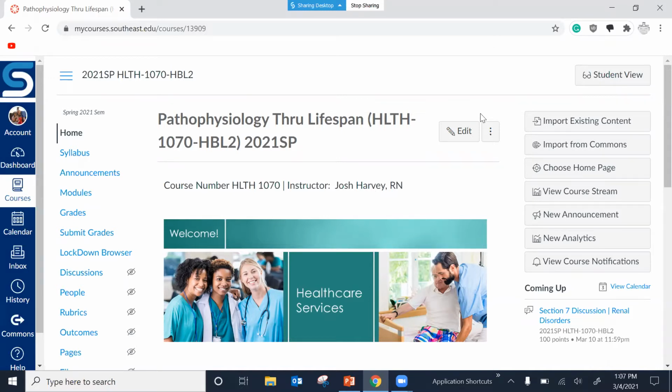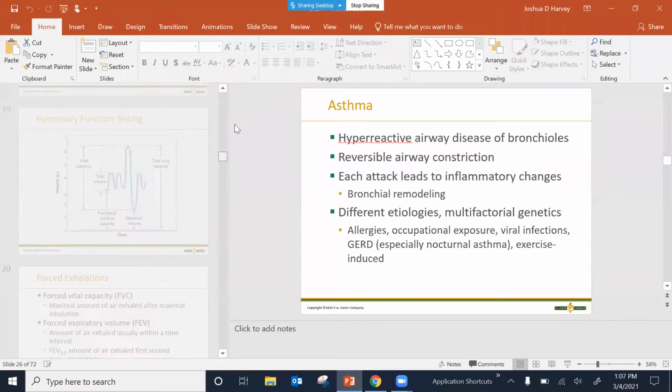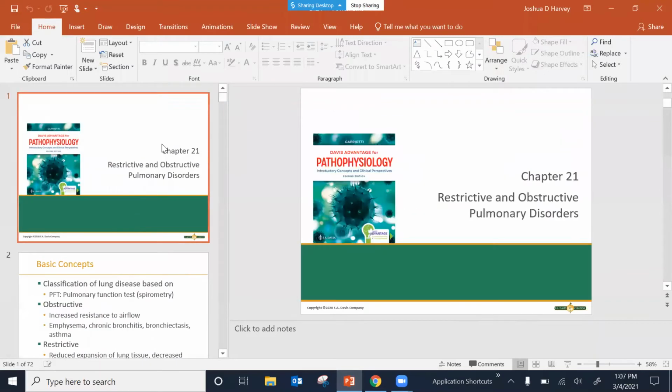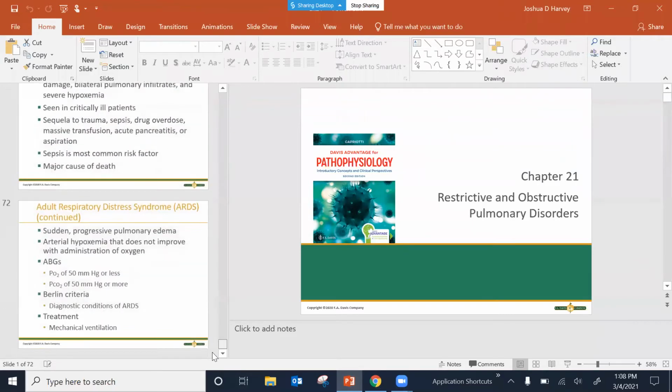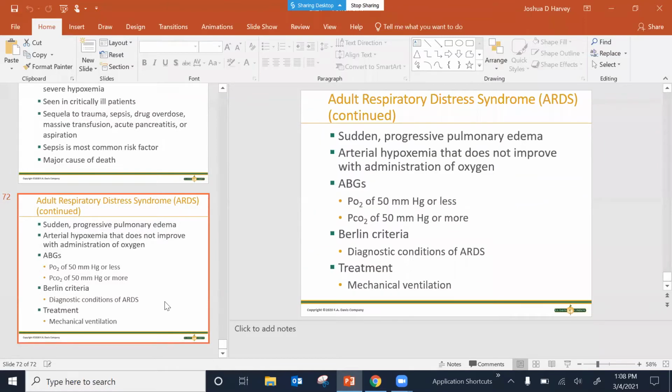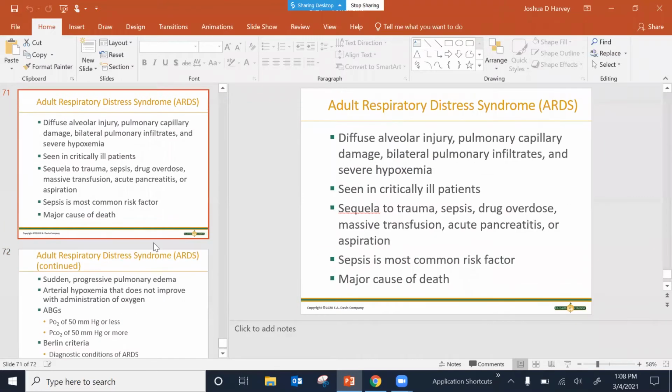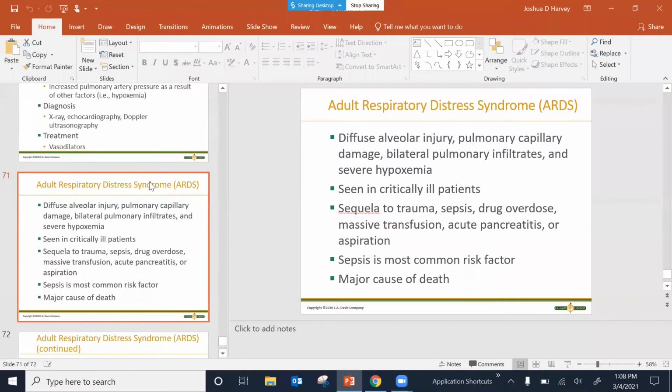This chapter 21 PowerPoint is what we're going to dig through today. What I'm actually going to do, just to change things up a little bit, is start at the end of the PowerPoint. Partly because the beginning is super boring, and partly because the very last disease process that this PowerPoint is talking about is adult respiratory distress syndrome.